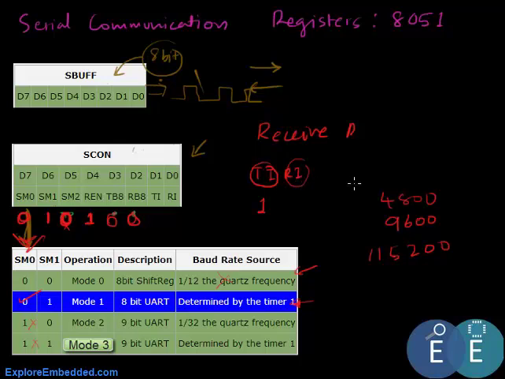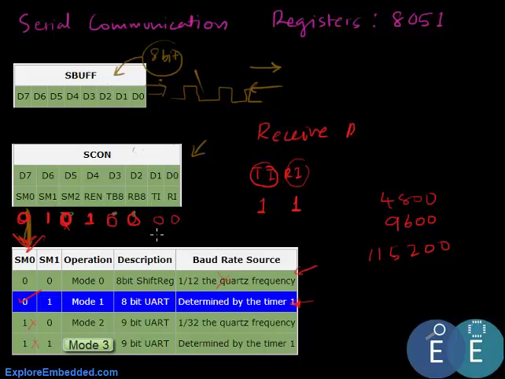Similarly, when we receive the complete 8 bits in the SBUF register, the UART unit makes the receive interrupt 1. These are two important flags, and by default we will make them 0.